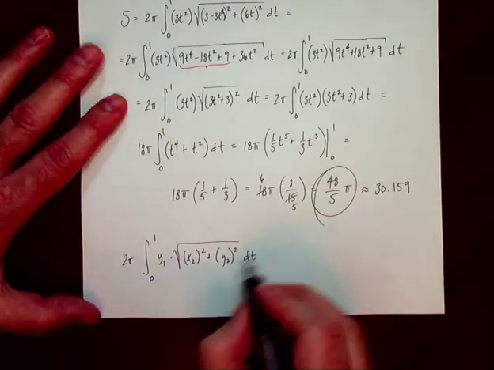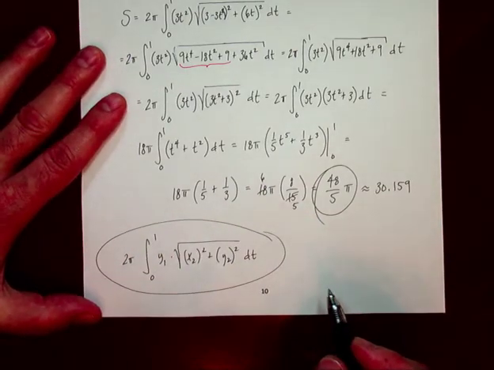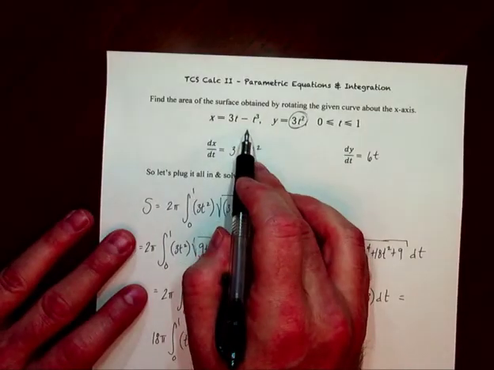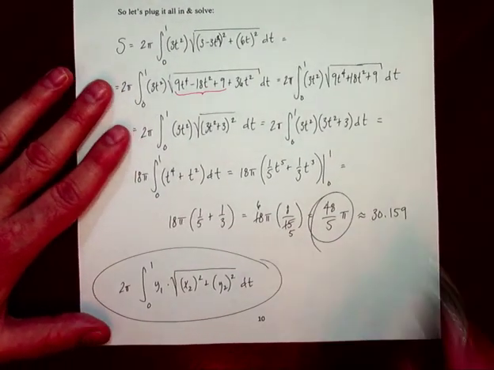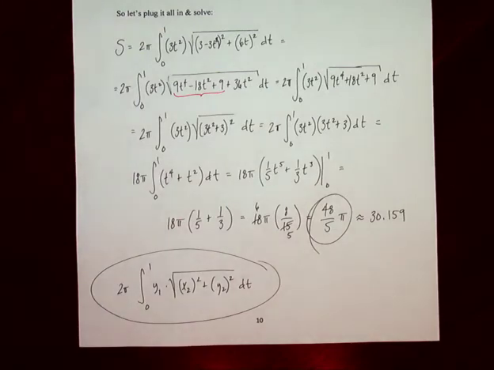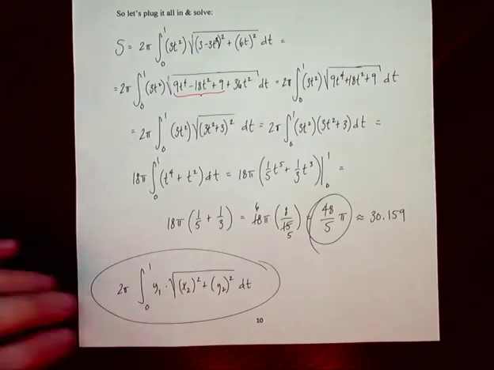And if you did that on your home screen, as long as you've done everything correct in the y equals menu, you will get exactly that approximation. Okay. Now, let's do one more quick one, and then we actually will be done with these videos.